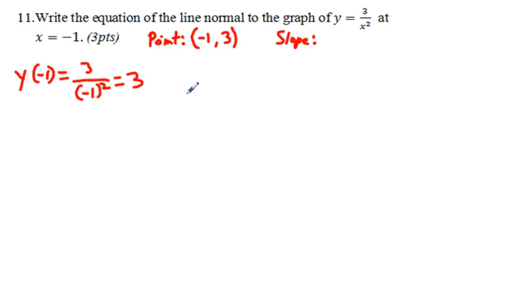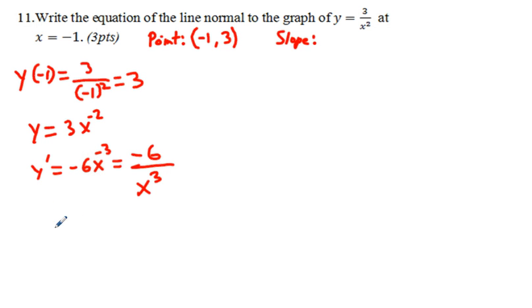Next, to find the slope, we're going to try y prime. Well, first of all, y is equal to 3x to the negative 2 power. And y prime is going to be negative 2 times 3, which equals negative 6, x to the negative 3 power, which equals negative 6 over x cubed.